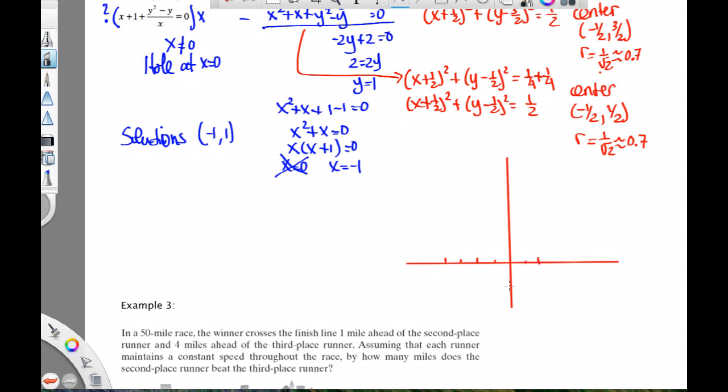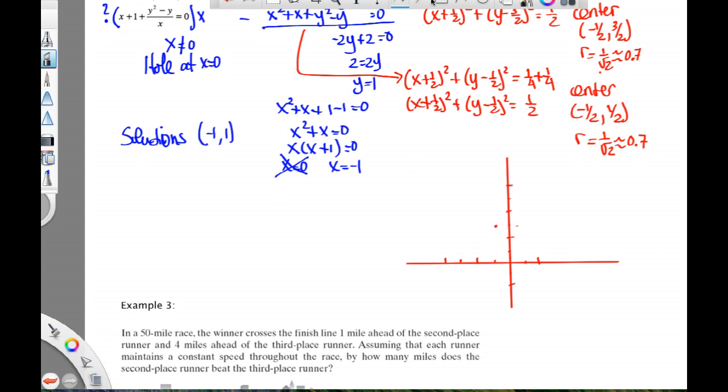That's a half. 1, a half. And 3 over 2 would be 1.5, so I need to go a little bit more. Okay. First center, negative 1/2, 3 over 2. So that would be somewhere over here. And then the radius is 0.7, so it's a half, so I should be close to here.